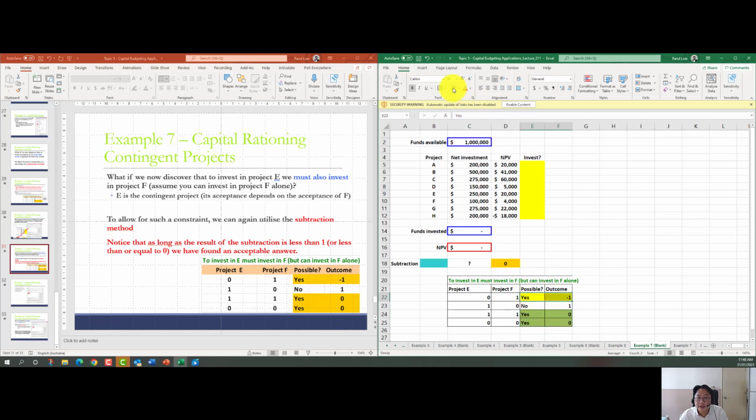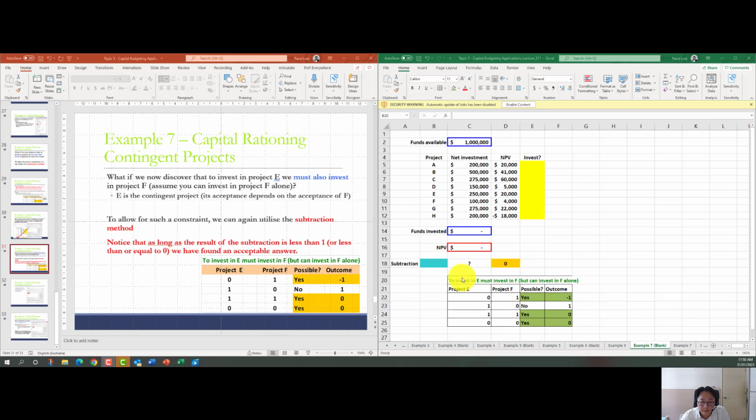So we can tell right now that our subtraction can allow us to understand what outcomes from the subtraction method will actually make it possible. So what we see over here is that only when the outcome is a 1, that's not acceptable.